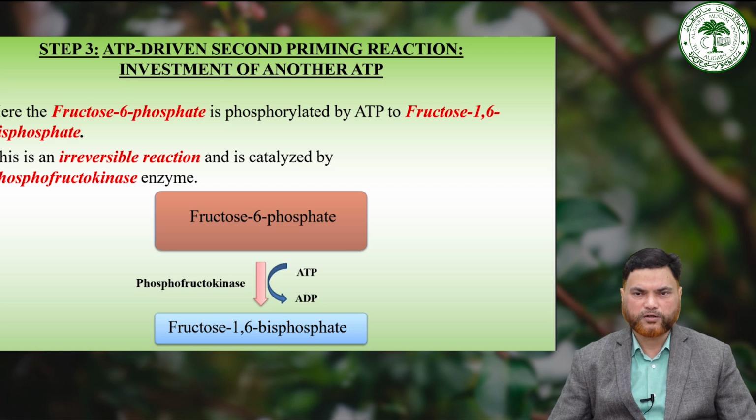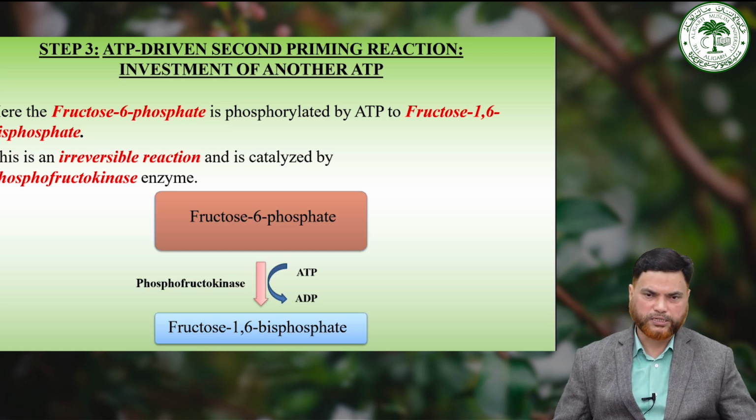The enzyme phosphofructokinase catalyzes the phosphorylation of this hydroxyl group, and in a similar manner to the first reaction, ATP provides the phosphoryl group, and the process requires the presence of magnesium ion. The phosphorylation of fructose 6-phosphate is an endergonic reaction and serves as another priming step.